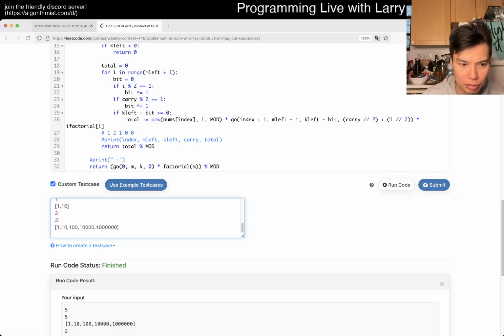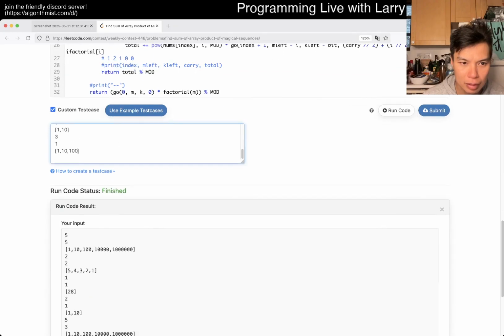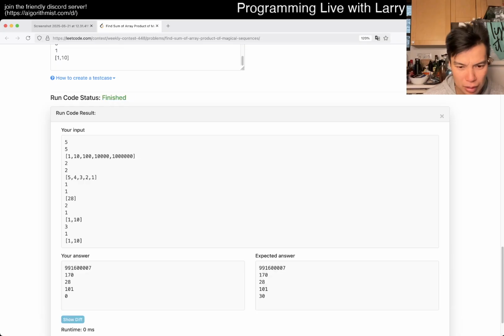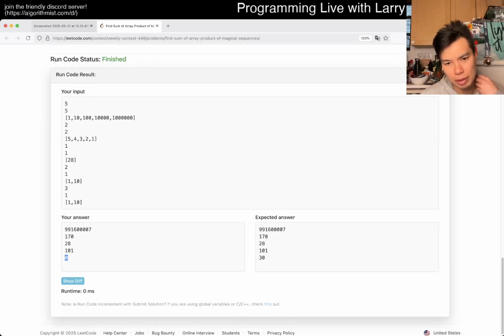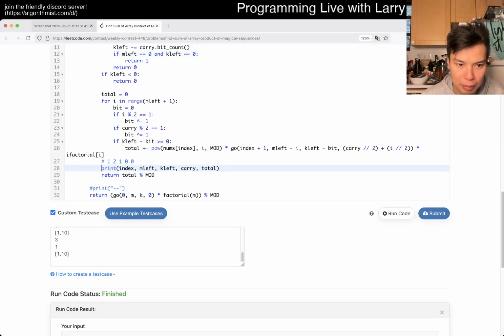Okay, let's just do 3, 1, maybe. This. Alright, let's just do this. I think this is actually impossible. I thought it would be impossible, but it's not, because you can have 1, okay, so yeah, 1 times 1 times 10 is why it's not impossible.